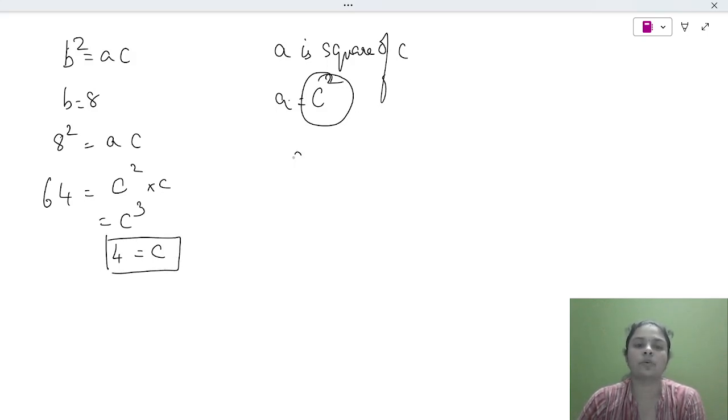Now, we know the rule C square is A, which is 4 square is equal to A. Therefore, A is equal to 16.